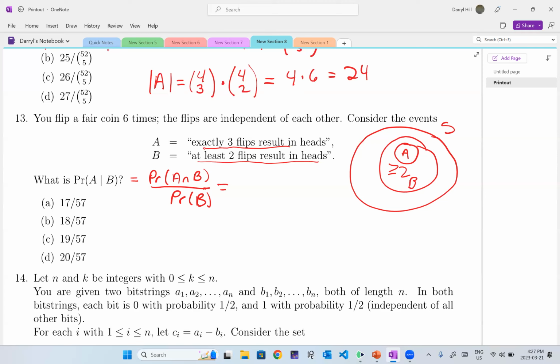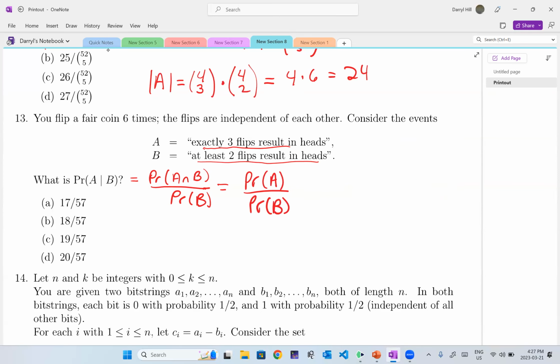Okay, so this is equal to the probability of A over the probability of B. This is a uniform sample space. Fair and independent flips give us that it's uniform. So this is going to be the size of A over the size of the sample space, over the size of B over the size of the sample space.